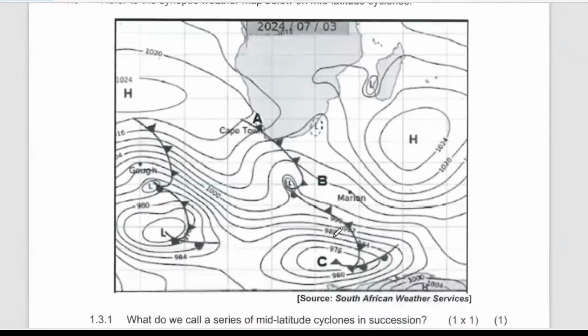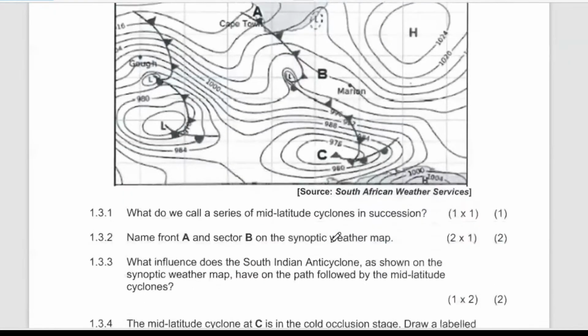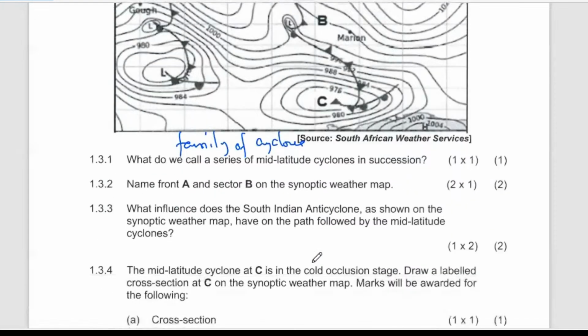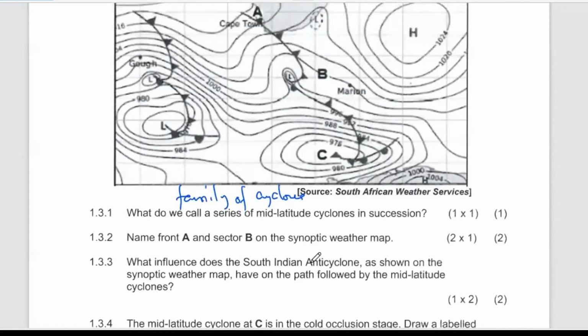It's a synoptic map. Right, what do we call a series of mid-latitude cyclones? A series of them is called a family. It's a family of cyclones. When they occur in series, we call that a family of cyclones. Right, name the front A and B on the synoptic map.